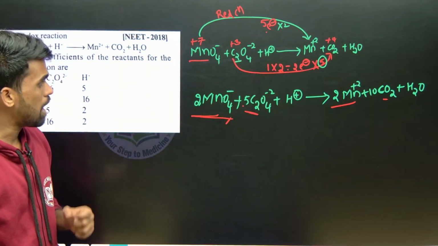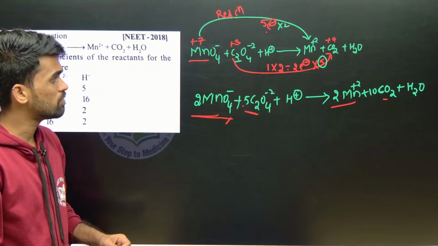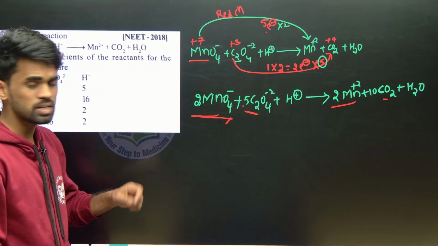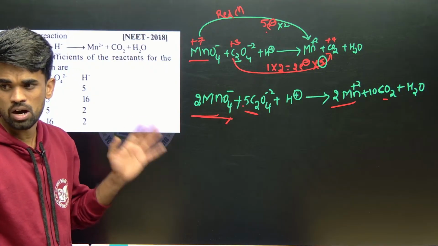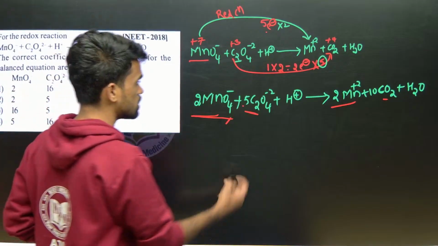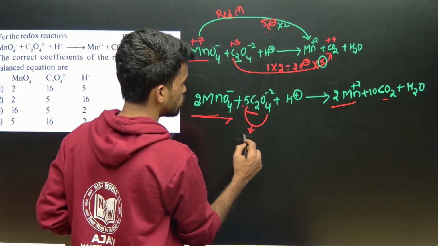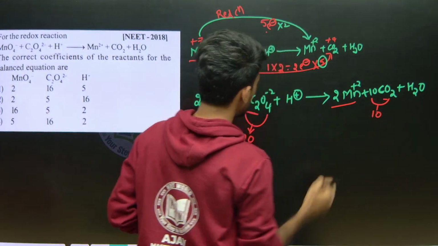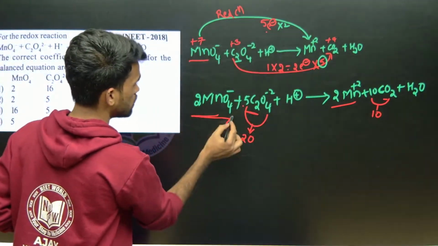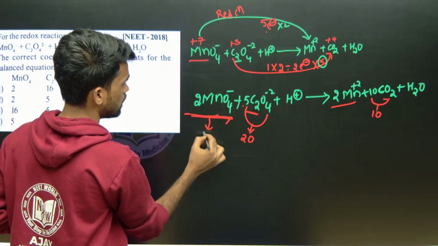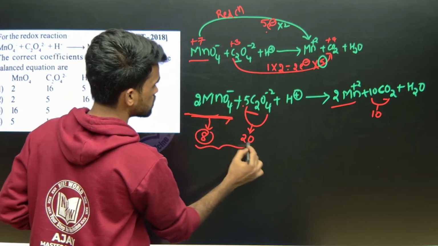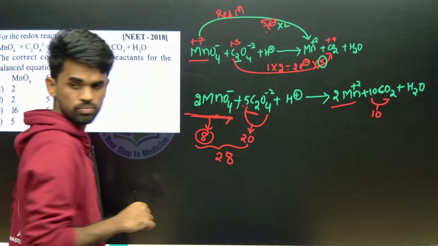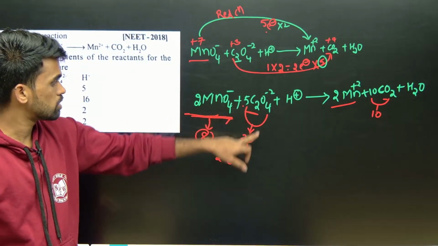Next, balance the oxygen atoms. Wherever it is deficient, on that side you add water to balance the oxygen atoms. So how many oxygens are there here? 5 4s are 20 on this side. And what about this? 5 4s are 20 here also. And what about here? 4 2s are 8. So in total, these are 8, these are 20, 28 are there.